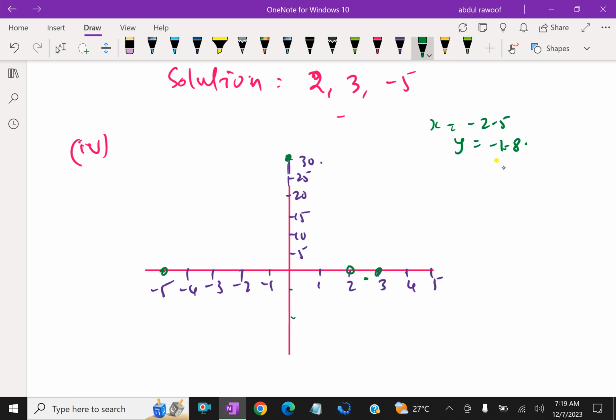Now we draw a smooth curve joining these 3 points. Now we have done that question. Next question.